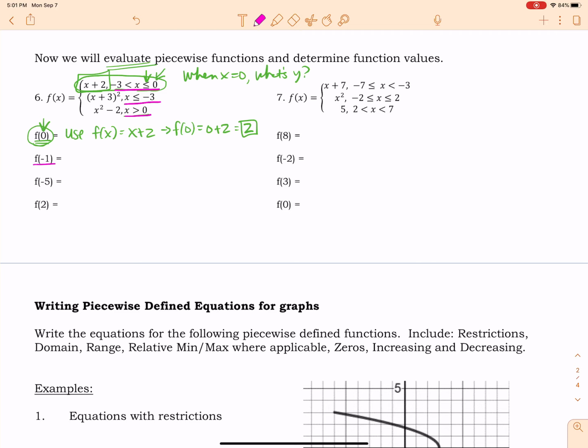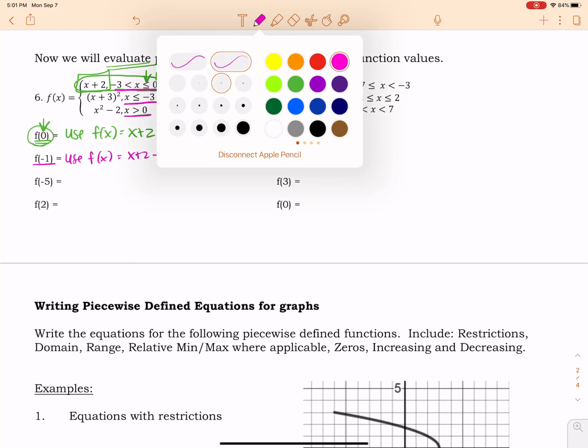Well, since -1 fits between -3 and 0, it fits into that domain restriction. So again, I'm going to use f of x equals x plus 2, and I'm going to find what y is when x is -1, and it's going to be just 1. Very good. See, this is easy.